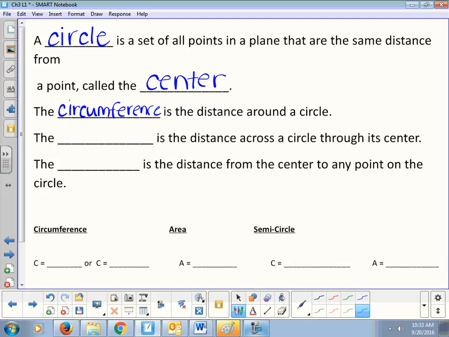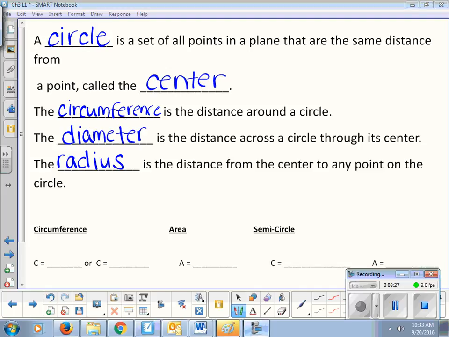You might remember from the Bellwork, the blank is the distance across a circle through its center. Which one goes all the way across? Diameter. And if it only goes halfway, it is our radius. So the radius is the distance from the center to any point on the circle.